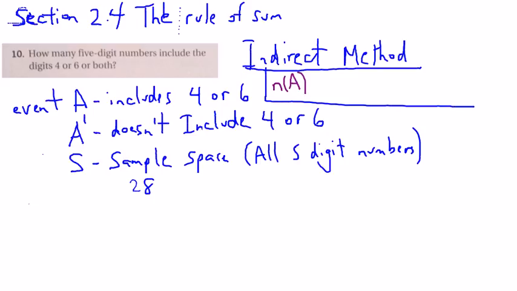We want to consider all the ways that event A can occur. So instead we're going to say that it's all the ways that you can generate a 5-digit number minus all the ways that you can generate something that we don't want, or the complement of A. So if we subtract the number of elements in the complement of A from the total number of 5-digit numbers, that should tell us the total number of ways that we can include either a 4 or a 6 or both.